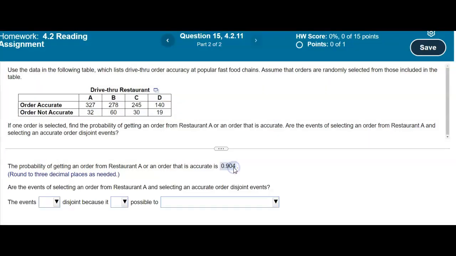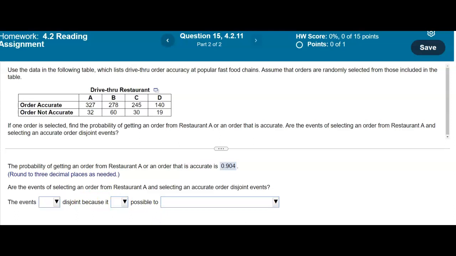And there's our answer. Now the next question says, are the events of selecting an order from restaurant A and selecting an accurate order disjoint events? Remember that we want to find out what disjoint actually means. Events are disjoint if they never occur at the same time.